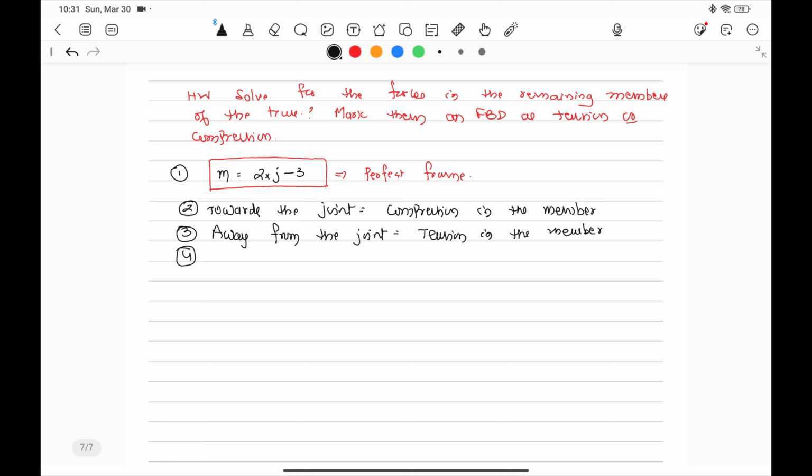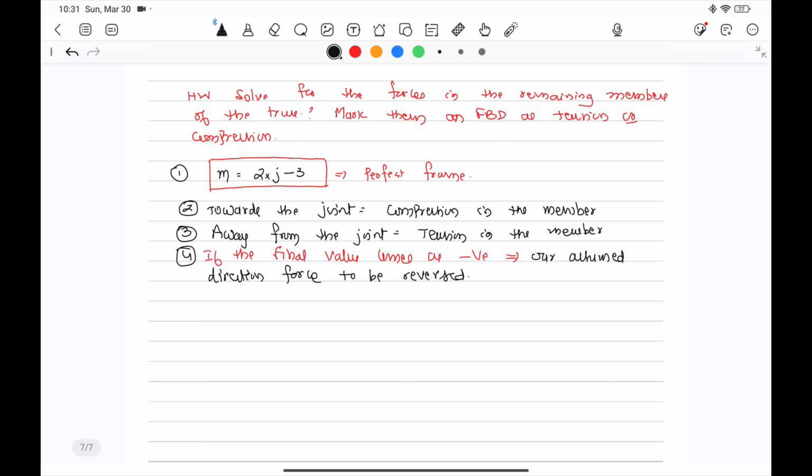Fourth, if the final value comes as negative, it implies that our assumed direction of force is to be reversed.